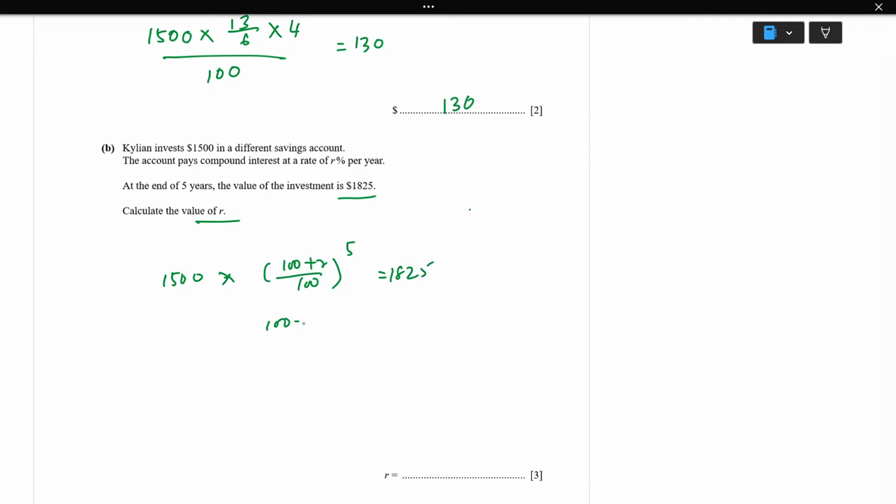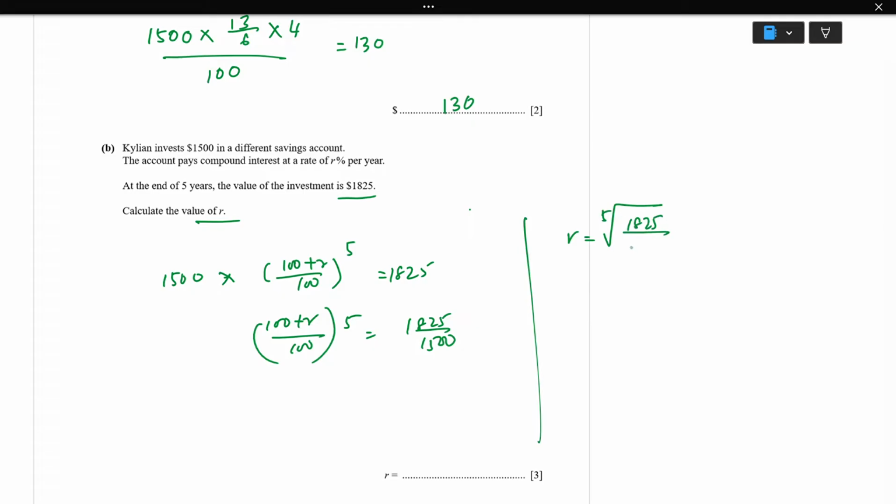So (100 plus R over 100) to the power 5 equals 1825 over 1500. Next, R equals the fifth root of 1825 over 1500, times 100, minus 100. The answer is going to be 4.